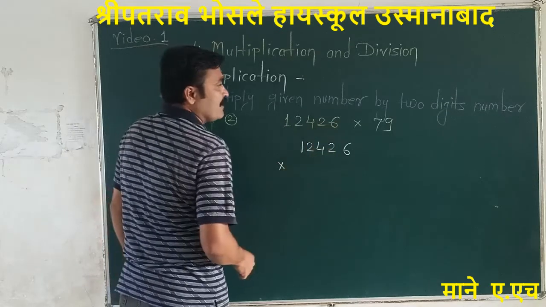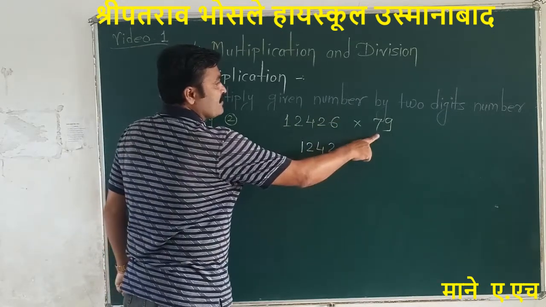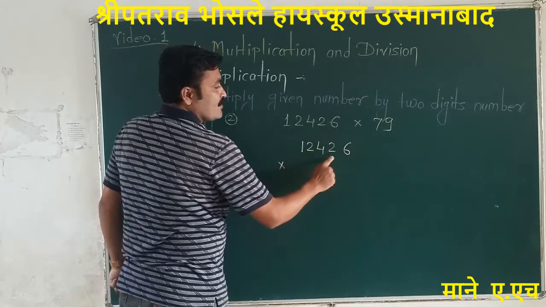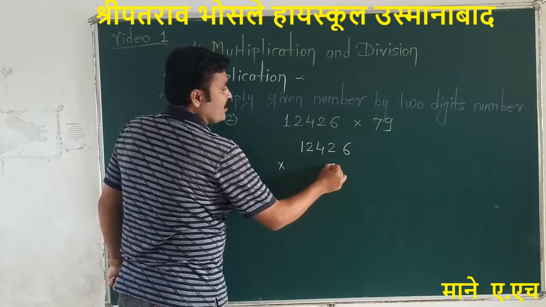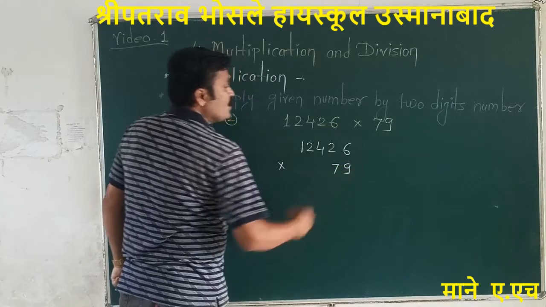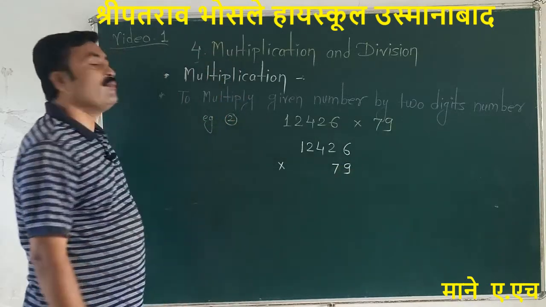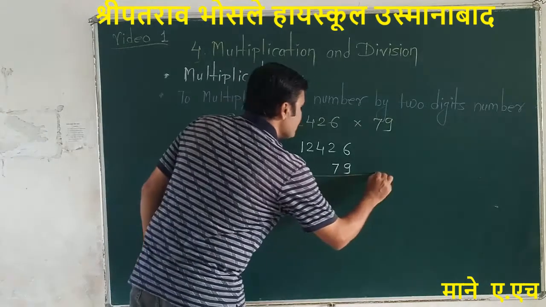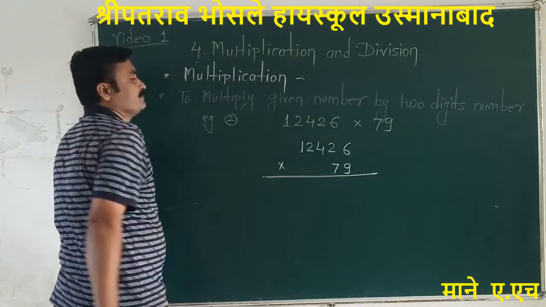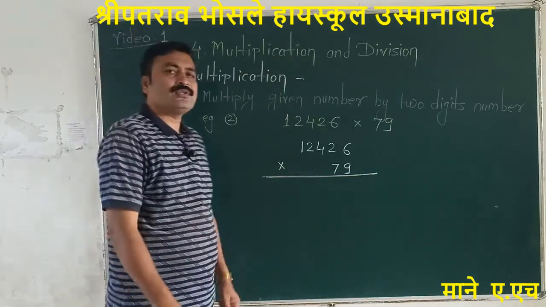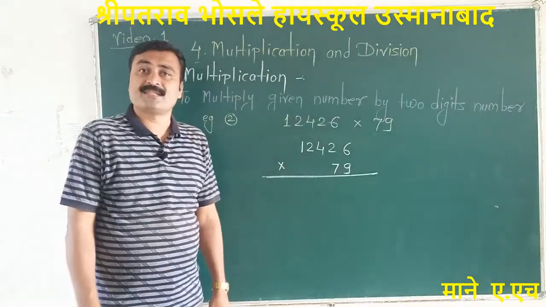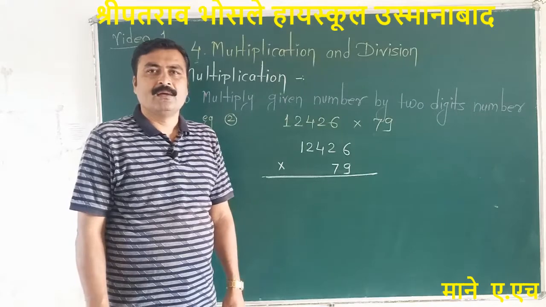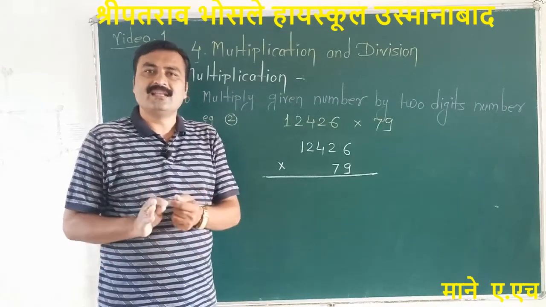Now write down 79, a 2-digit number having ones and tens place, so below this we write 79. This is the vertical arrangement. After that we draw a horizontal line. Now we do not know the table of 79 easily. We can make the table of 79, but that is a somewhat lengthy process.